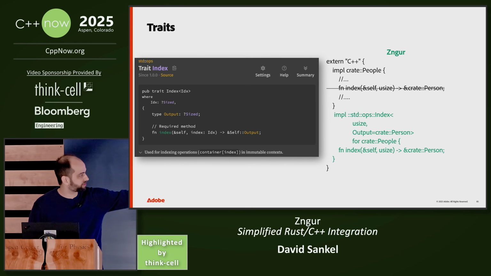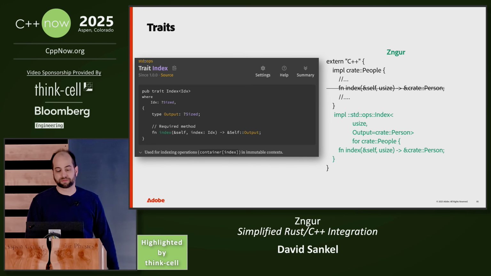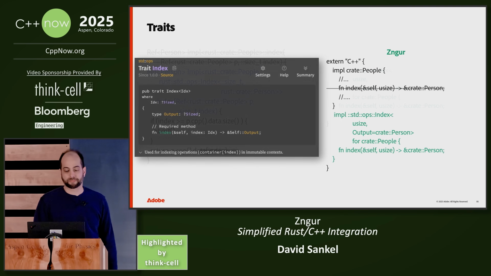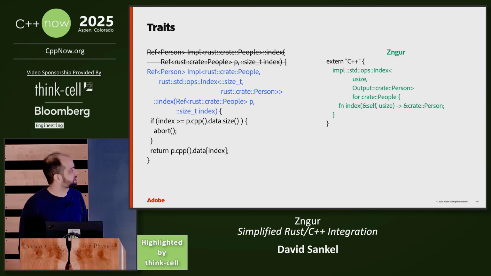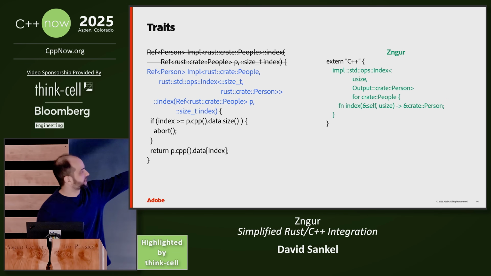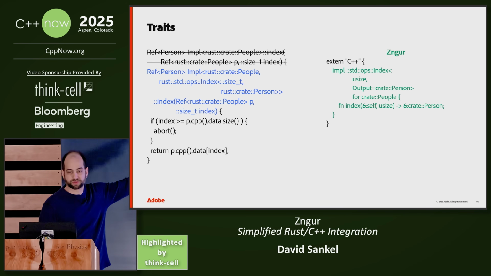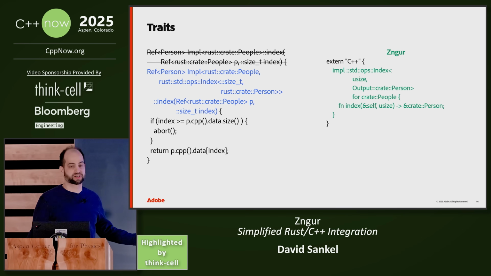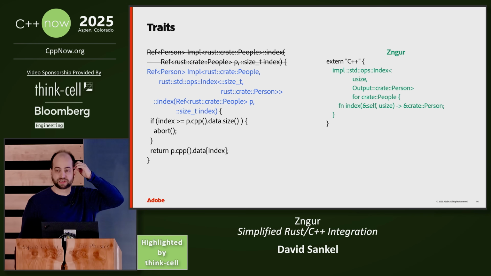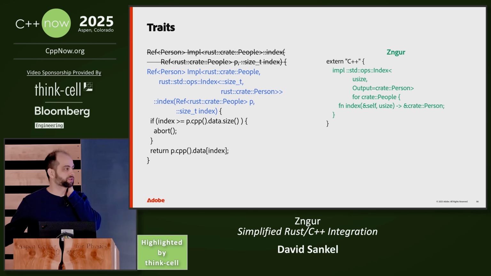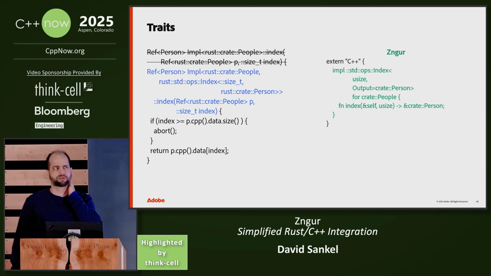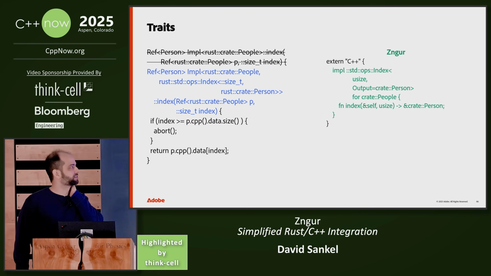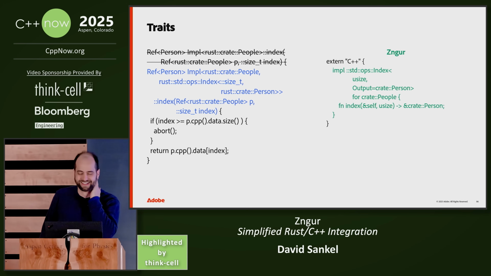You pass all that stuff in your implementation block in your Zngur code. And then in C++, you just need to change that function signature to do the thing which says I'm implementing that trait. That's it. Otherwise, the code remains the same. So you can implement Rust traits with your C++ objects. Or no, wait. I forgot which direction we're going in. You said it right.